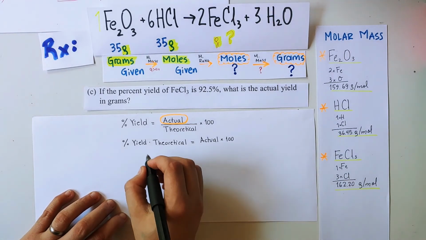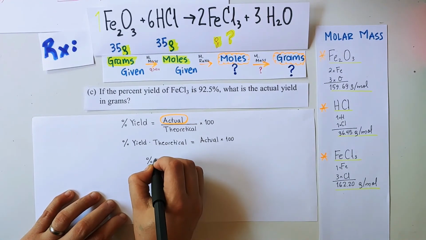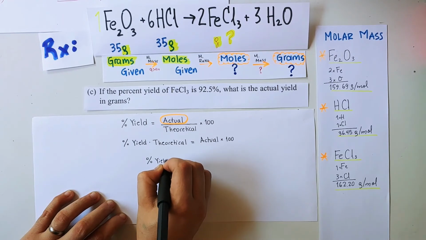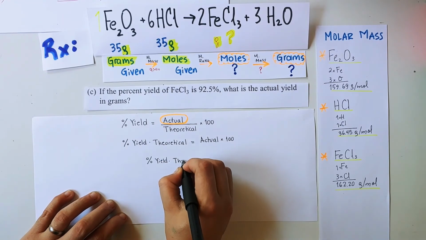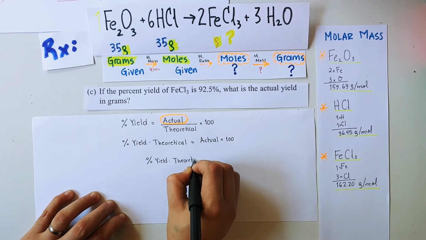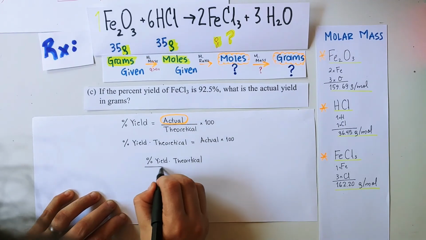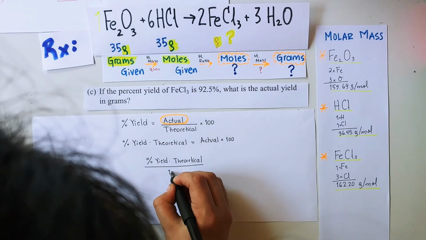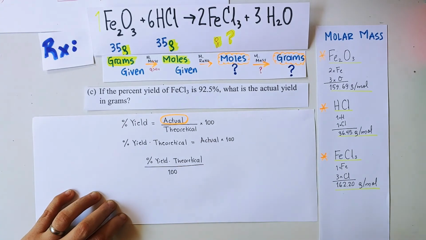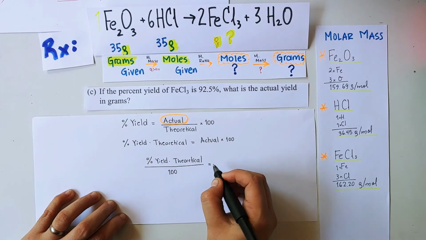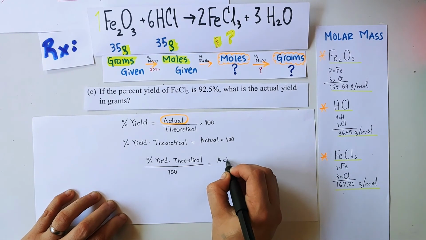So, percentage yield times the theoretical, all this divided by 100 is going to be equal to your actual yield.